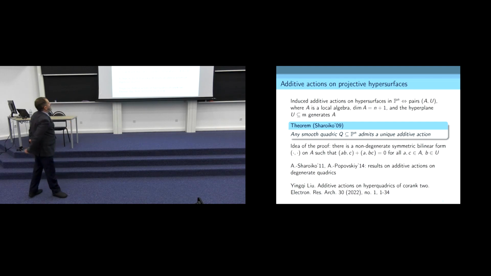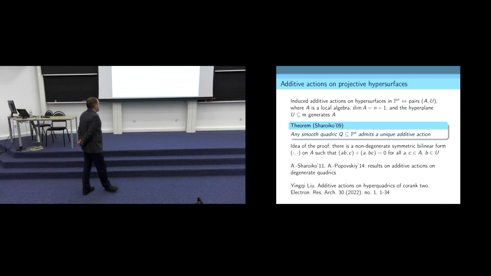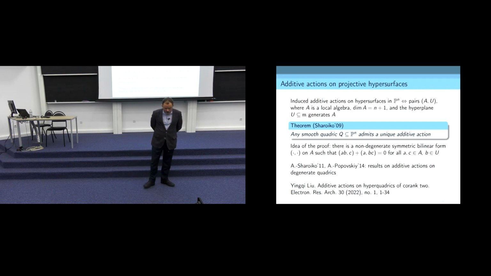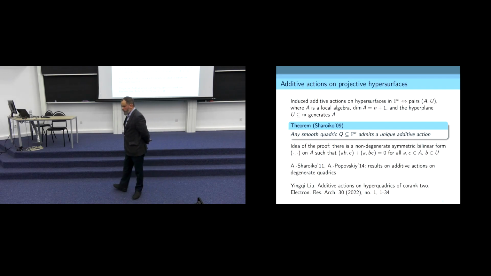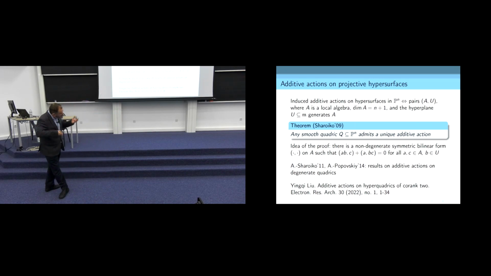And in this way, my former student, Elena Sharoyko, proves that any smooth quadric admits a unique additive action. Constructing an additive action on a smooth quadric is quite obvious, but Hassett and Tschinkel ask in their paper how to classify all such actions, and maybe there is also some Hassett-Tschinkel correspondence in this case. But no, such an action is unique.